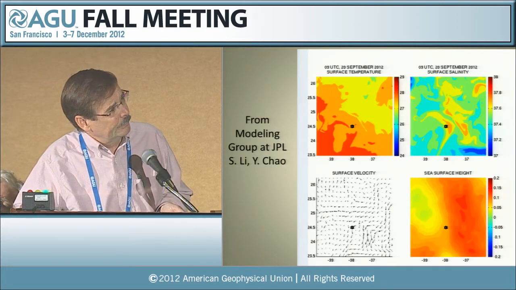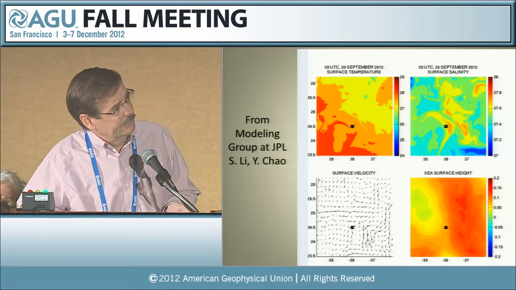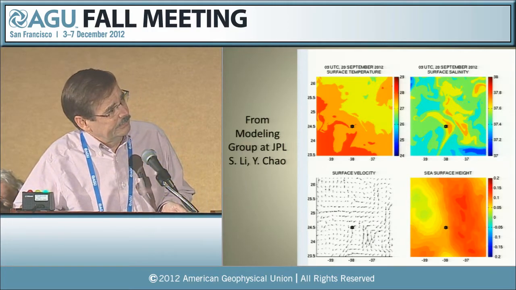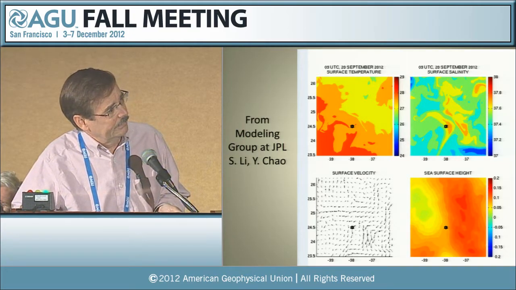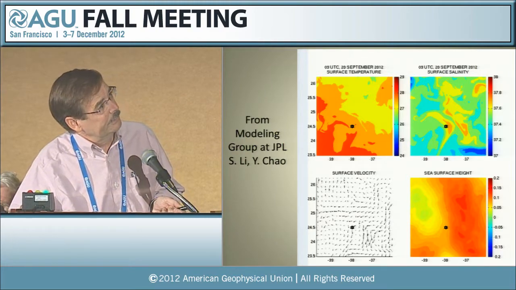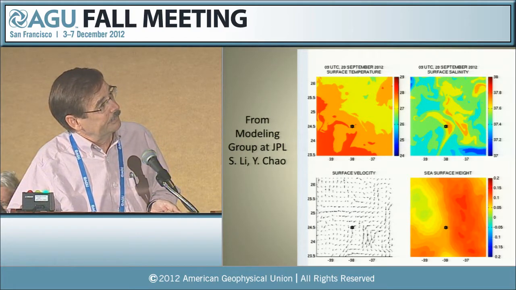Of course, one of their big inputs is altimetric data, and you can see there was a high to the east of us and a low to the west, and we found that things were indeed moving to the north, and so we had to follow our salty patch to the north.